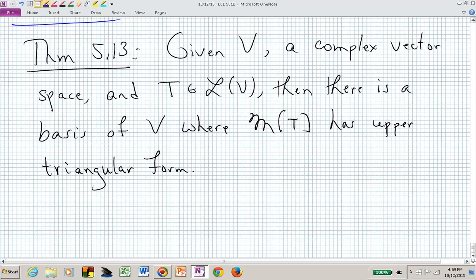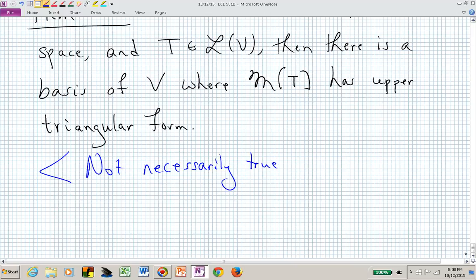What you don't want to do is assume that that's true for all vector spaces. And in particular, this is not necessarily the case that you can create an upper triangular matrix representation on a real vector space.